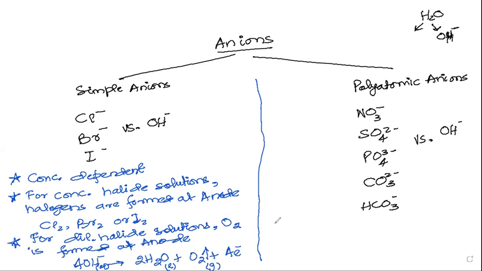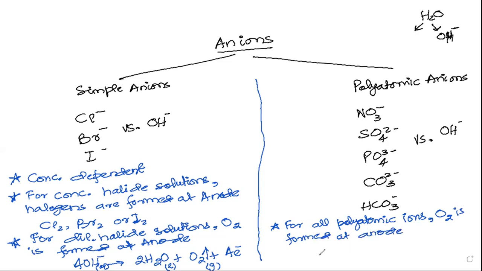So for polyatomic ions, as all polyatomic ions are more reactive than hydroxyl ion, they tend to stay inside the system. When they stay inside the system, oxygen is formed at anode, and by the same reaction.